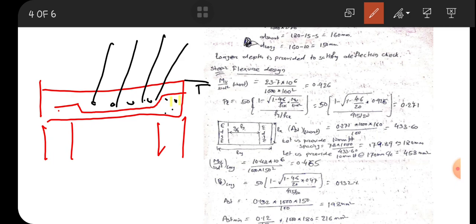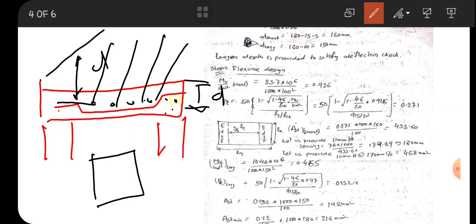If this is one effective depth in the Lx direction, then in the Ly direction we can calculate the effective depth from this to this. That means one bar is like this and the other bar is like this.